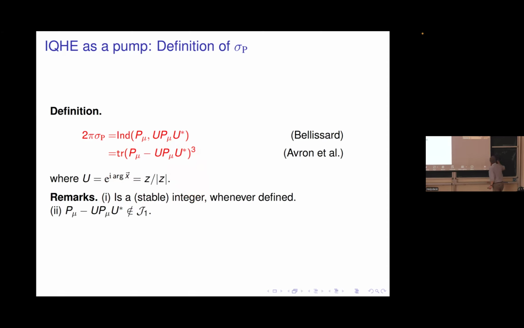So you can look at this point either as an X or as a complex number. Okay, and indeed the second remark is that this difference upon closer inspection is not a trace class, but its power is.